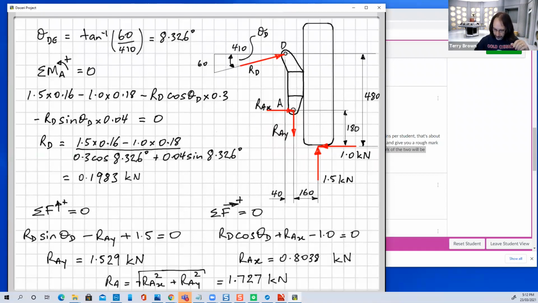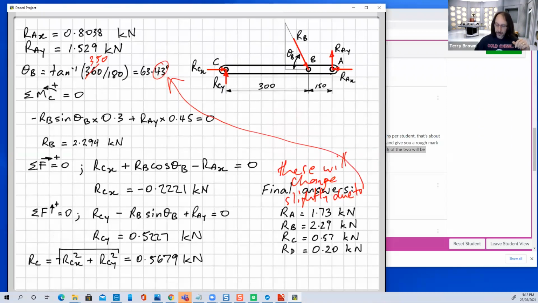Okay, so on our next page, these forces here are equal and opposite to what was on the previous free body diagram, because what we're showing here now is the forces that the upright exerted on this body.